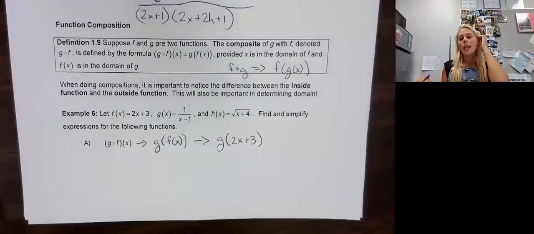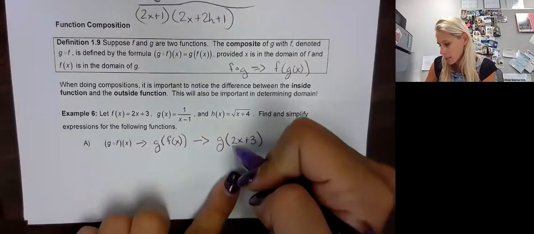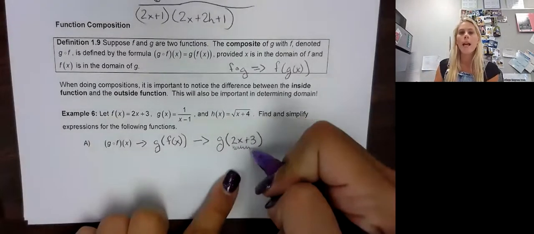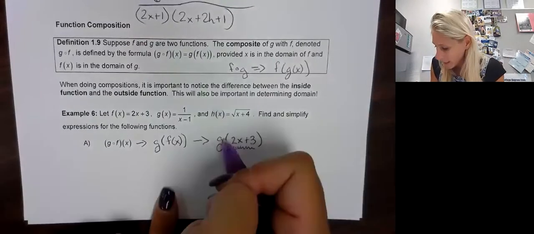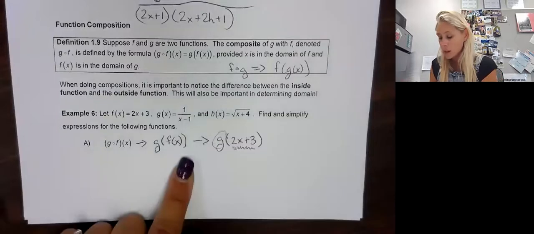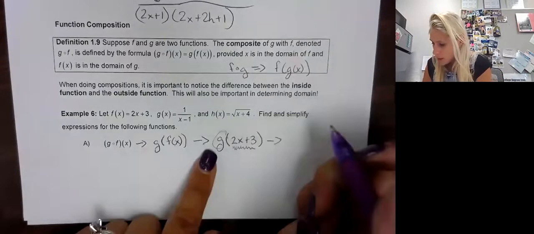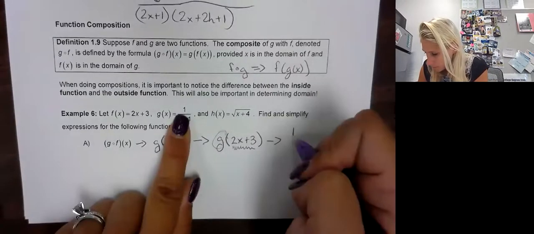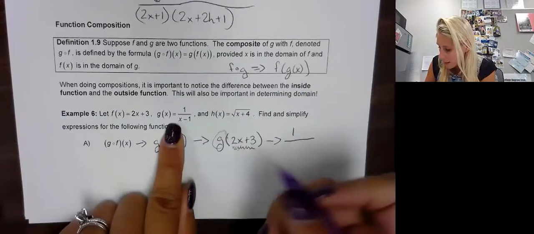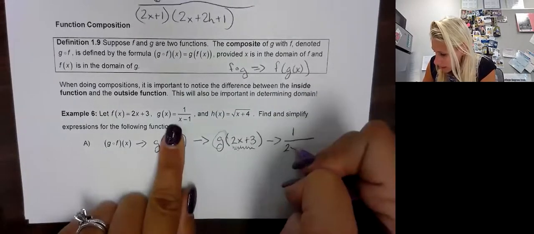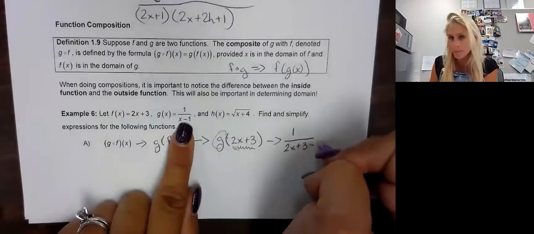Now, just like we did on the first page, what that means is we're going to substitute in 2x plus 3 for every x we see in G. So I'm going to start writing G. So I have 1 divided by, now instead of x, I'm putting in that 2x plus 3 and continue minus 1.